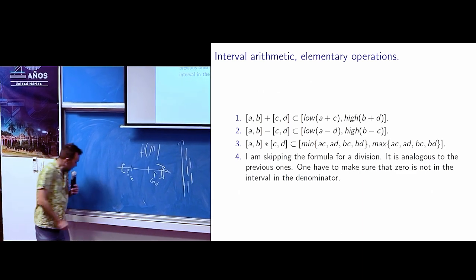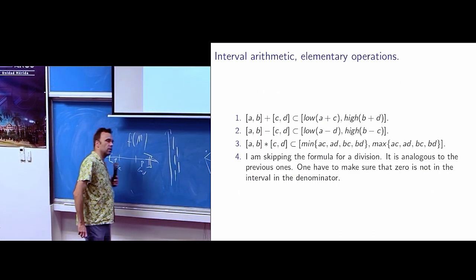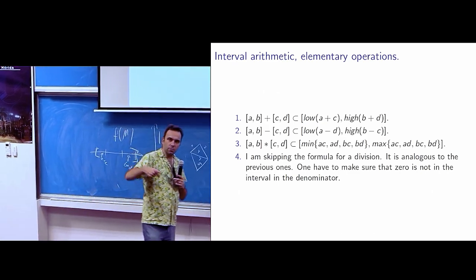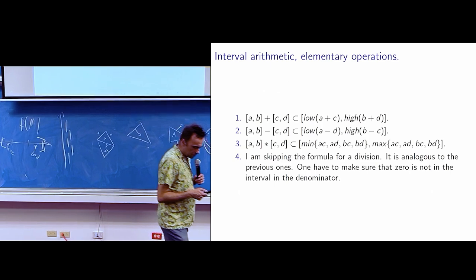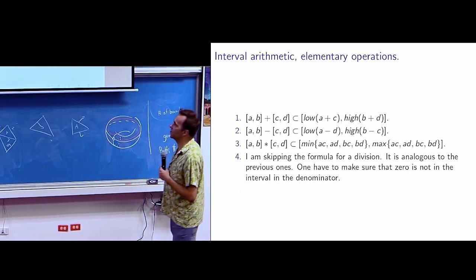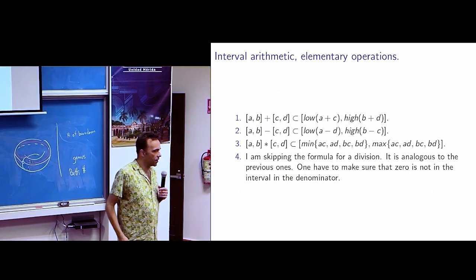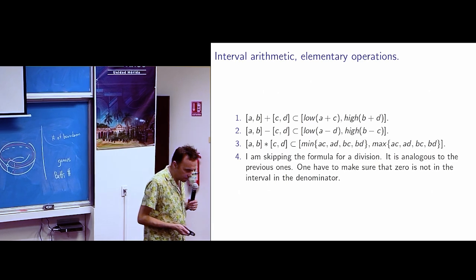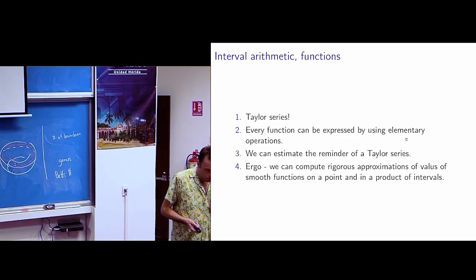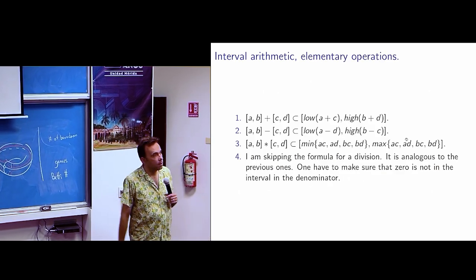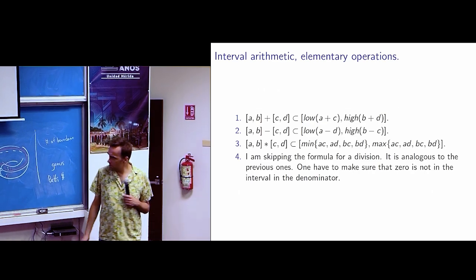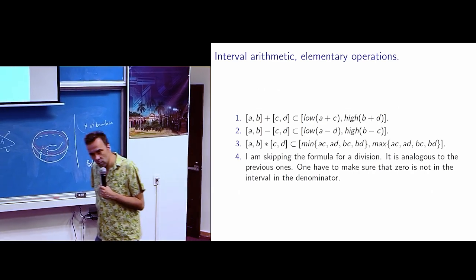This way, I can do the addition so that whatever the true result of the addition is, it is enclosed. Subtraction, multiplication and division are similar, a bit more complicated, but the idea is very much the same. So we can have arithmetic operations on intervals in a rigorous mathematical way.